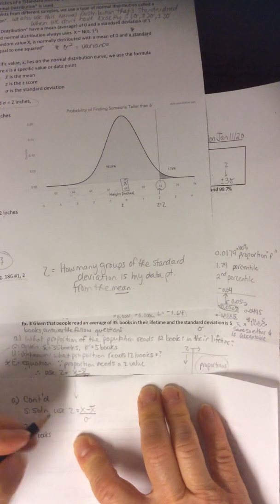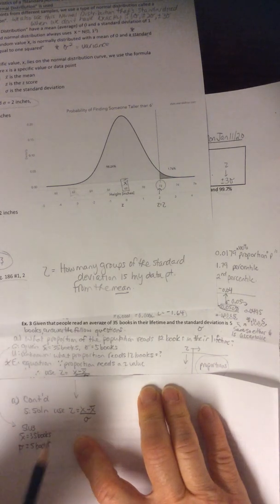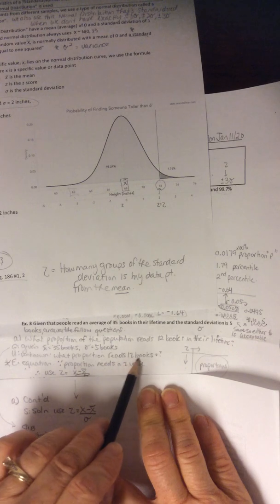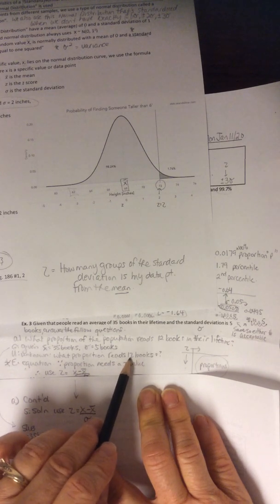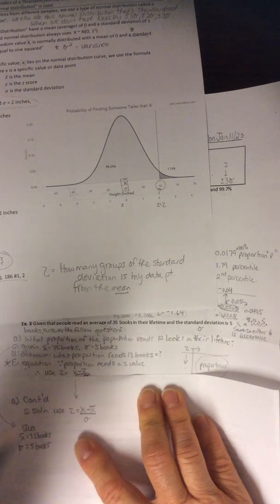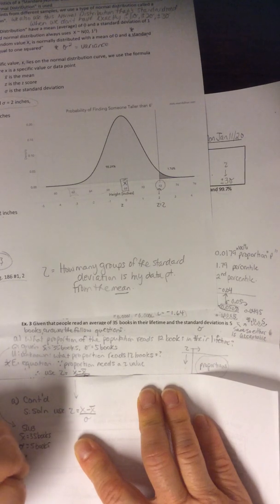I've been given a standard deviation of 5 books. What proportion reads 12 books? That is my individual score. It's my data point. So my individual score, or my data point, is 12 books.